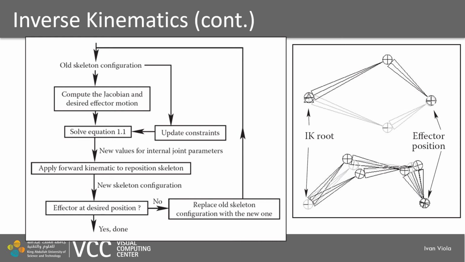Therefore, if we have two big changes of angles of the spatial positions, then we will not actually reach the final position. We will approximately go in the right direction. But for getting to the perfect position where we want to be, we will need to calculate several iterations of these inverse kinematics.